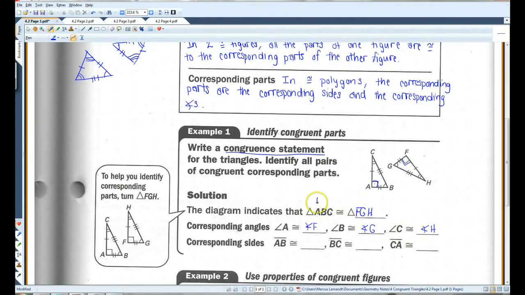Now, if you were to order these letters differently, like BCA, then this would be triangle, let's see here, BCA, GHF. Okay? It doesn't really matter the order as long as they line up with each other. Alright?